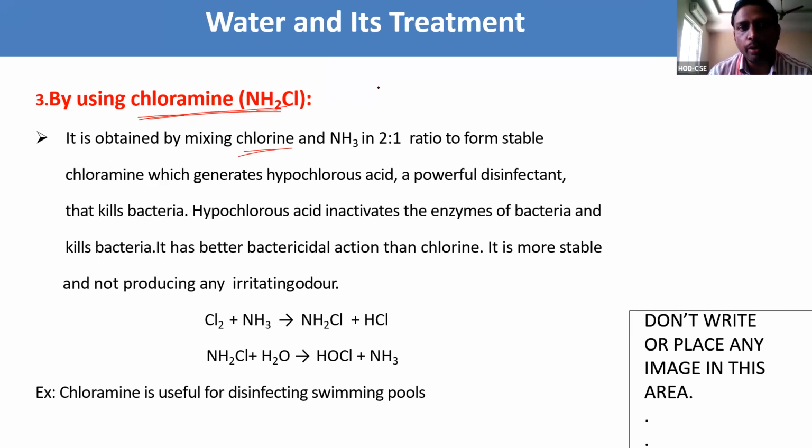Chlorine Cl2 plus NH3 forms NH2Cl plus HCl. This NH2Cl, we call it chloramine.